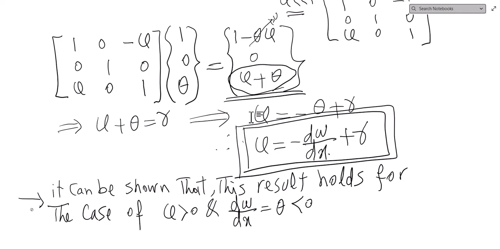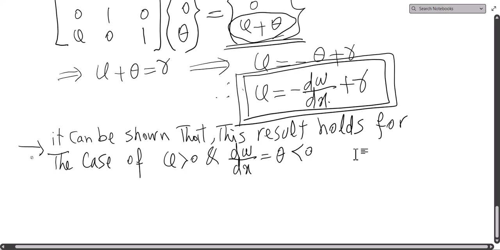And then from here, we can say phi is minus theta, which is dw dx, plus gamma. Note here that if gamma is 0, then phi is minus dw dx, as we had it in Euler-Bernoulli. But now it is not, because gamma is not 0, so we are including shear. So that is the contribution of Timoshenko beam theory.